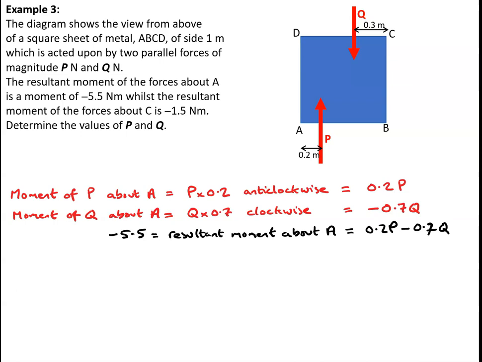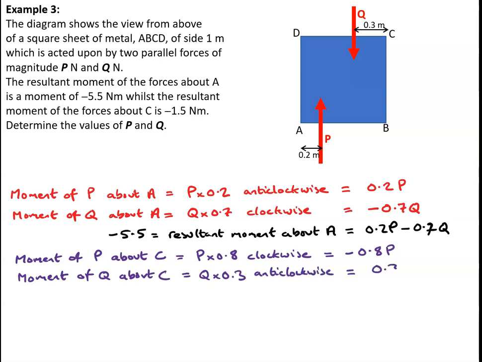Now considering the moments about the point C, the moment of P about the point C is P times 0.8 in a clockwise direction. So that gives me a moment of minus 0.8P. The moment of Q about C is 0.3 times Q in an anti-clockwise direction.